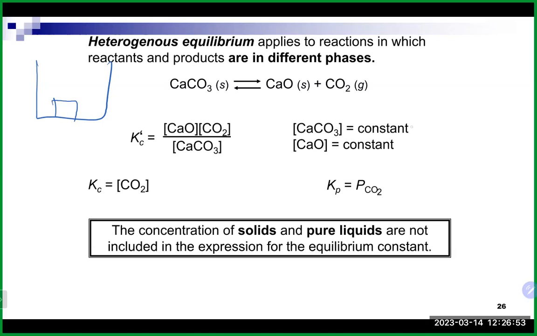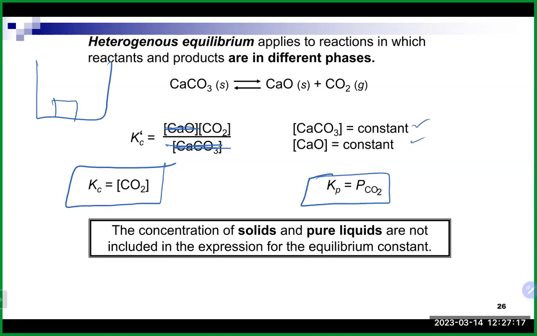So those are constant in this case, which means when we get to our equilibrium constant expression, we would not include those guys. So the proper equilibrium expression for this one would be Kc is equal to just the concentration of CO2. And because CO2 is a gas, we could also write a Kp expression for it, which would be the partial pressure of CO2.